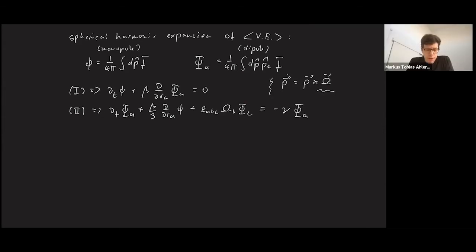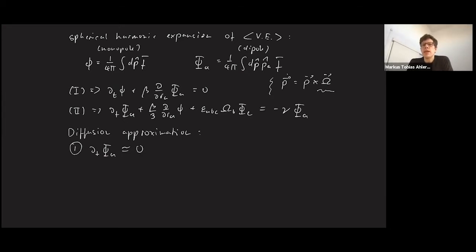And if we now finally look for the so-called diffusion approximation of this expression, we will make the following two assumptions. The first assumption is that the time derivative of the dipole component is going to be close to 0.